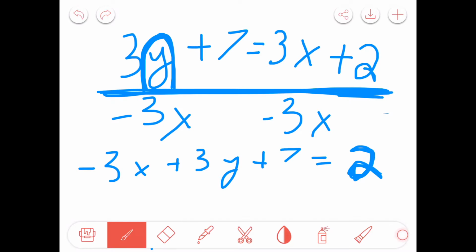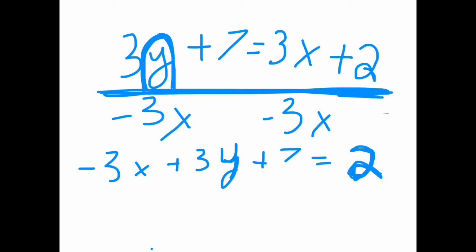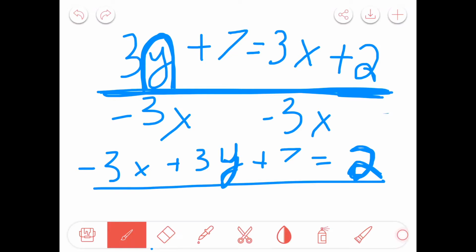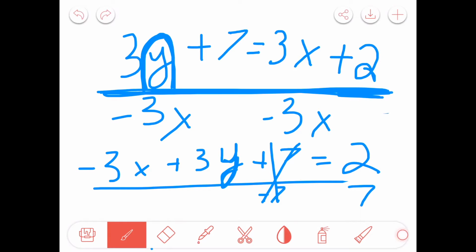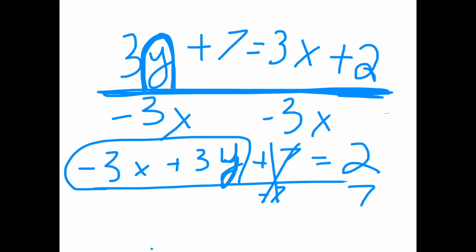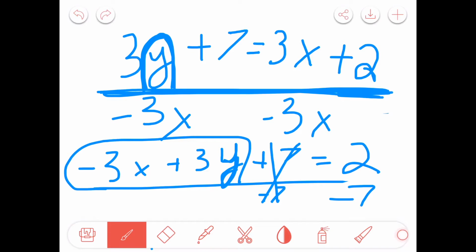It's a bit more complicated because there's y and x, but it's pretty much the same situation. So plus 7 becomes minus 7 because, again, we have to get rid of the 7 so that we can narrow it down. So now it would be minus 3x plus 3y equals minus 5.